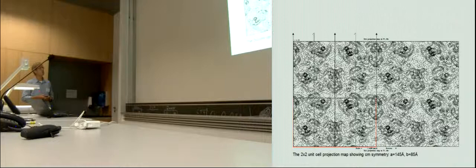But in the processing, of course, this creates a problem because this axis is unique, but it's very close to two other directions here, which are 120 degrees apart. So what she had to do was to index all of these images with three alternatives, and then during the merging process, select the ones which were correct, which had the axis along this direction.